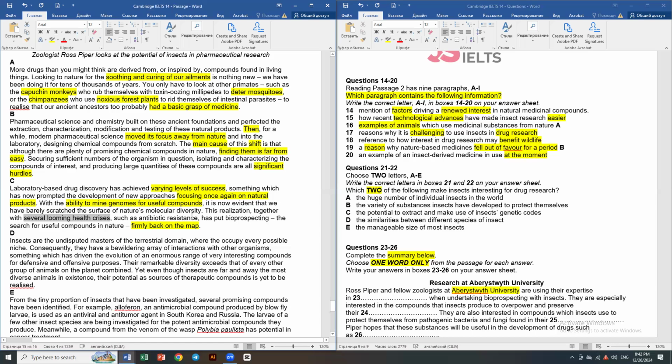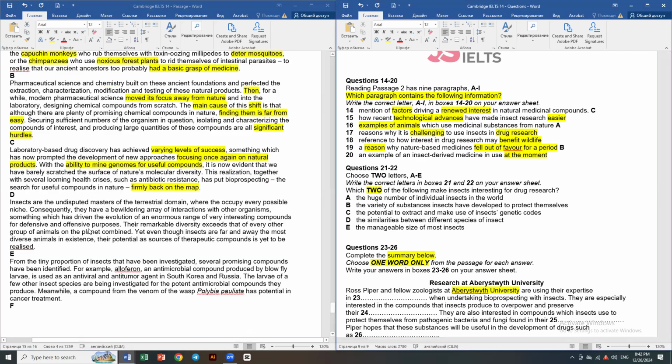So that means the factors are these two, right? So pretty much nothing else about realizing that it's difficult. Paragraph B is talking about how they changed their focus away from nature. Here it's saying that they returned to it. So that's pretty obvious, kind of self-explanatory, right?